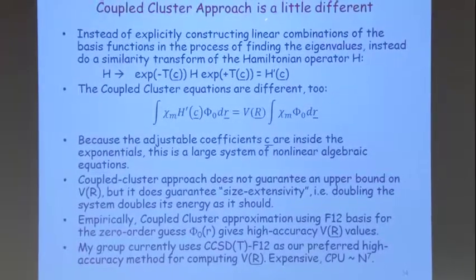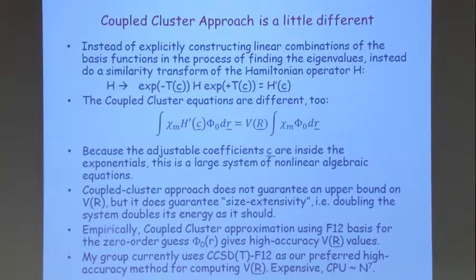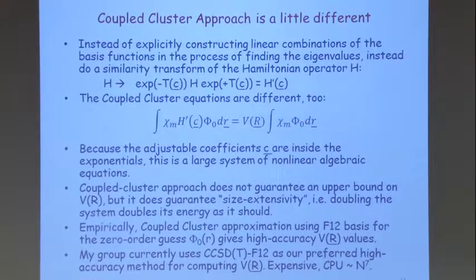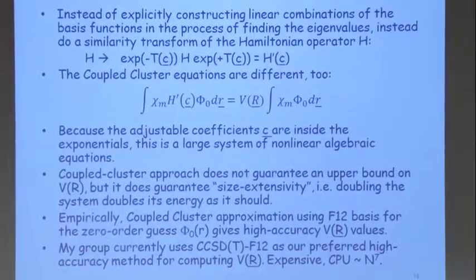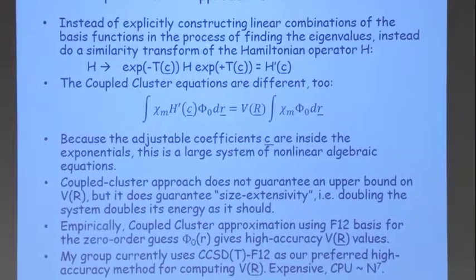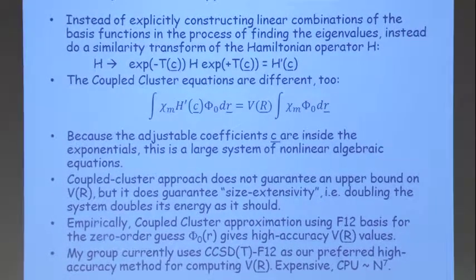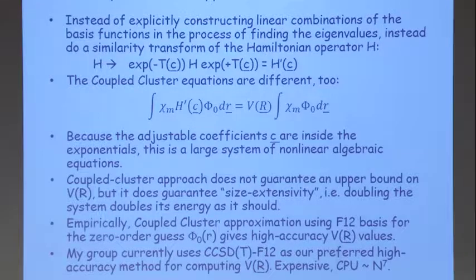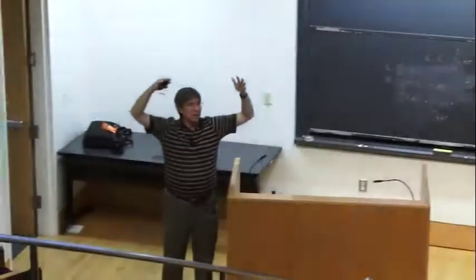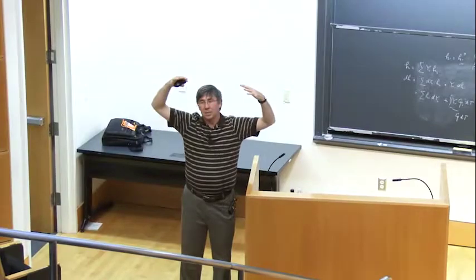So the idea is instead of explicitly constructing the linear combinations of the basis functions as you would do in the CI method, where we write down this matrix equation. And then if you know how eigenvalue programs work, they kind of rotate the basis.